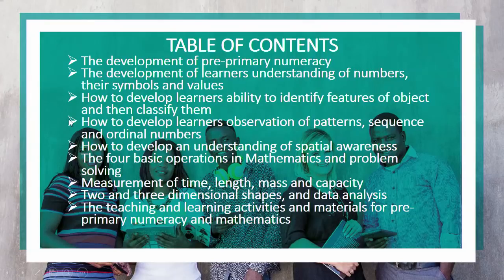Next bullet, how to develop learners' observation of patterns, sequence and ordinal numbers. Also, how to develop an understanding of spatial awareness, the 4 basic operations in mathematics and problem solving.